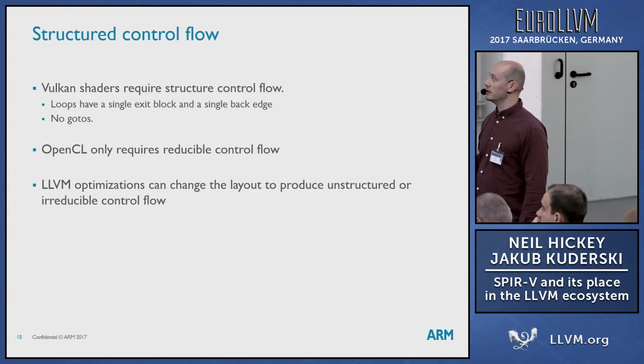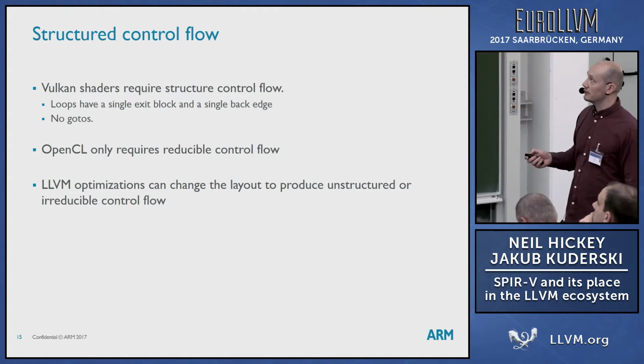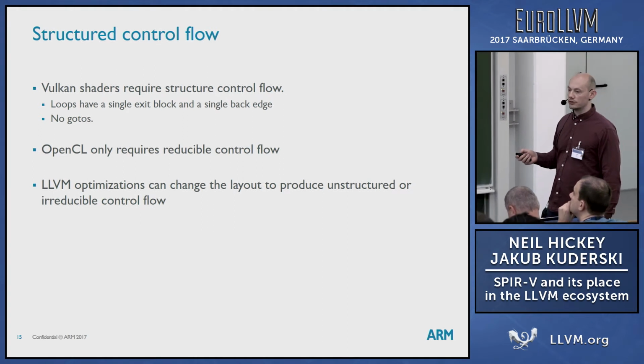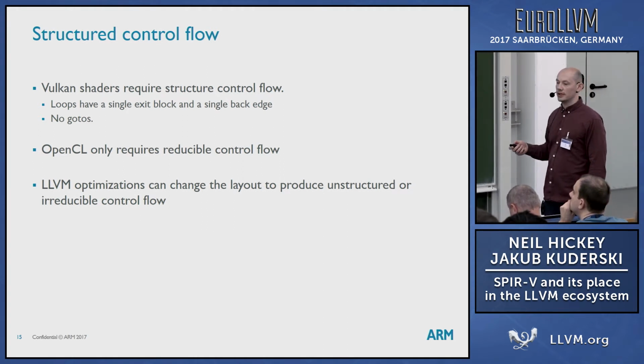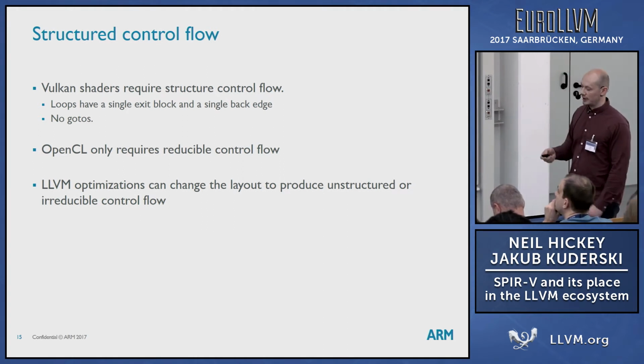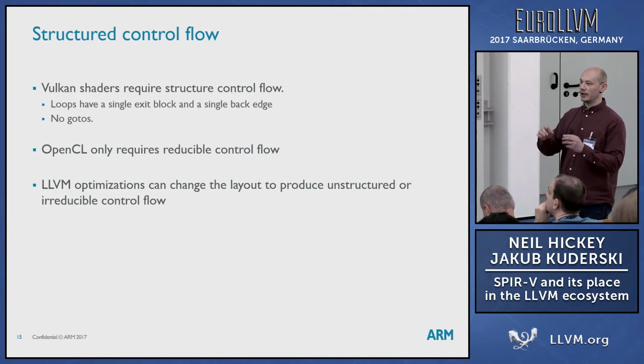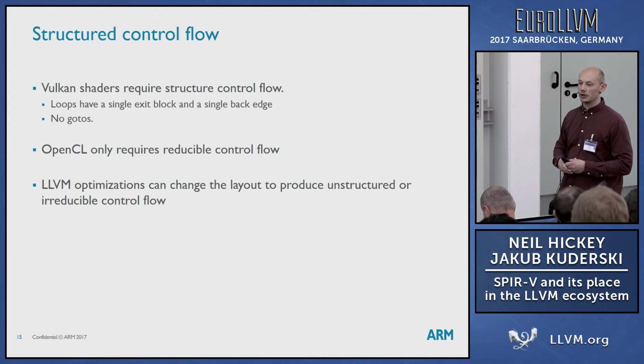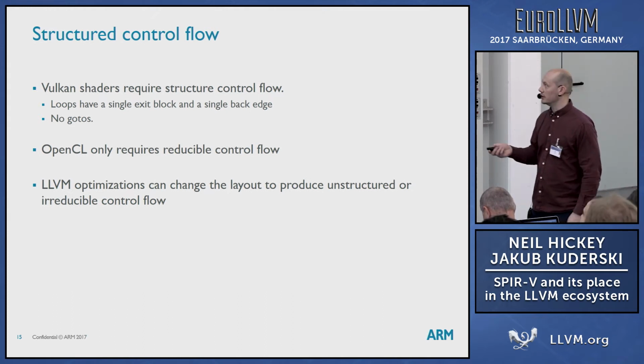For OpenCL, you only really need reducible control flow, but for Vulkan shaders, you need to have merge blocks. So one of the instructions within SPIR-V is OpLoopMerge and OpSelectionMerge. As part of the loop header, you specify basically which block is going to come back from your back edge and where the merge block is, so that once the loop's finished executing, it knows it's going to hit that point.